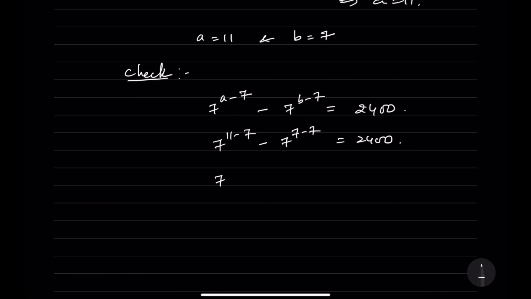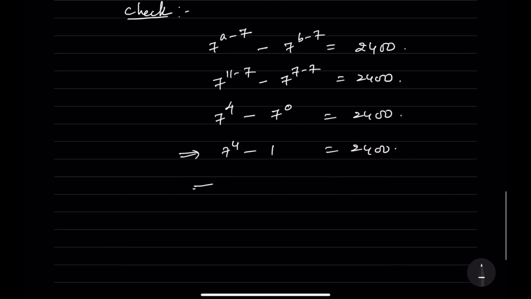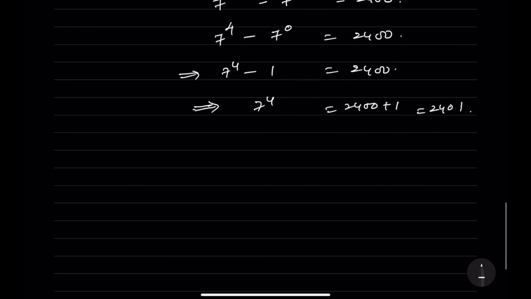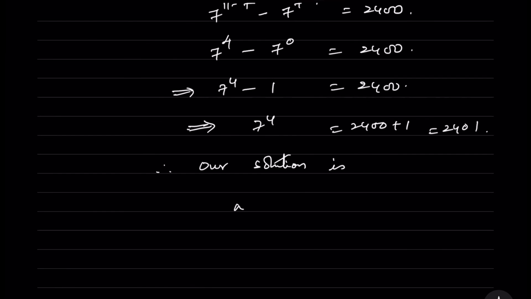So therefore 7 to the power of 4 minus 7 to the power of 0 is equal to 2400, or this can be written as 7 to the power of 4 minus 1 is equal to 2400, which implies that 7 to the power of 4 is equal to 2400 plus 1, which is equal to 2401. So therefore our solution is a equal to 11 and b is equal to 7.